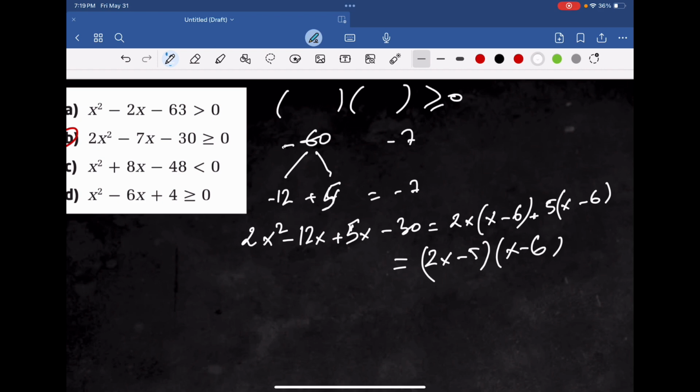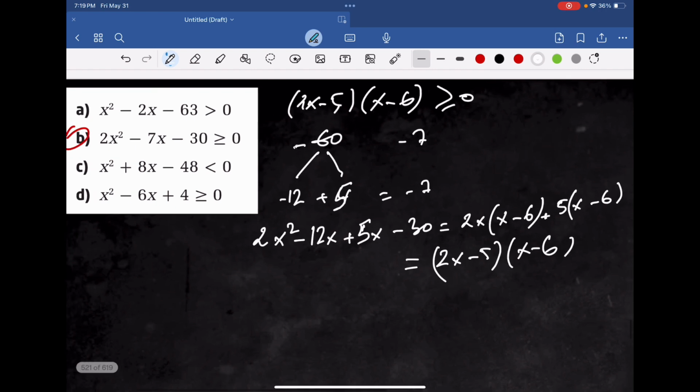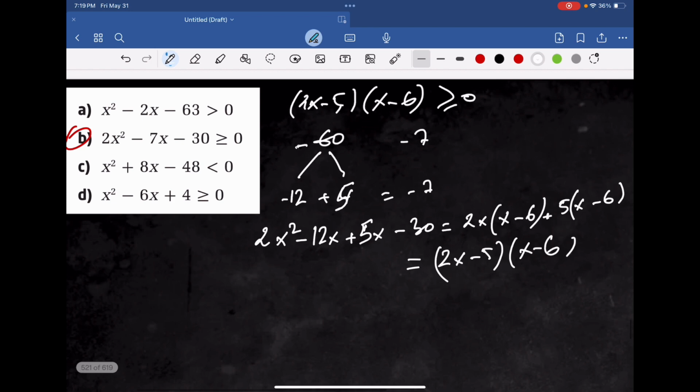Good. So my expression is 2x plus 5 times x minus 6. To have this greater than or equal to 0, both of these should be positive or both of them should be negative.